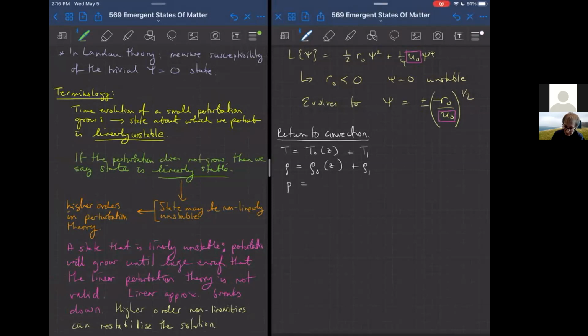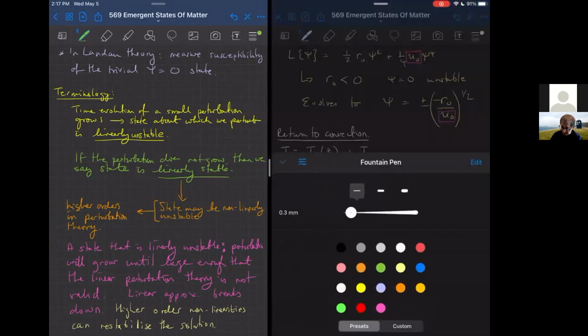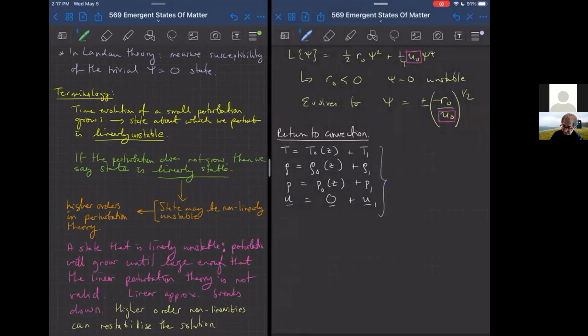The pressure is P naught of z plus P1, and the velocity field is 0, meaning it's at rest, plus a perturbation, which I'll write as u1. All of these are steady state quantities we calculated last time, and then we are going to take the equations of motion and simply substitute in and expand to first order in the perturbations.